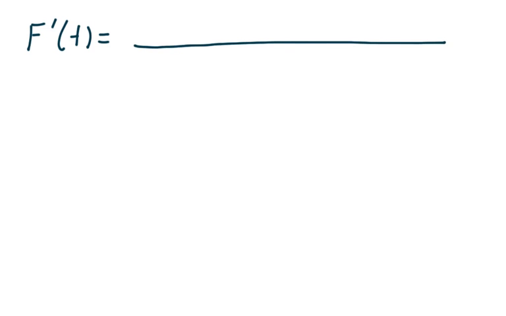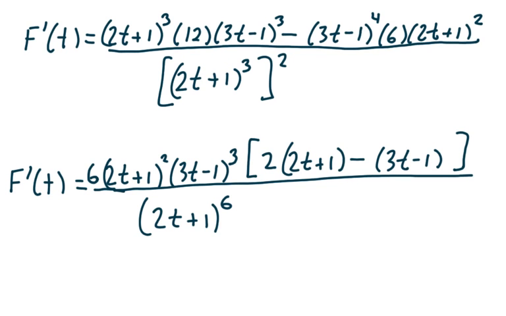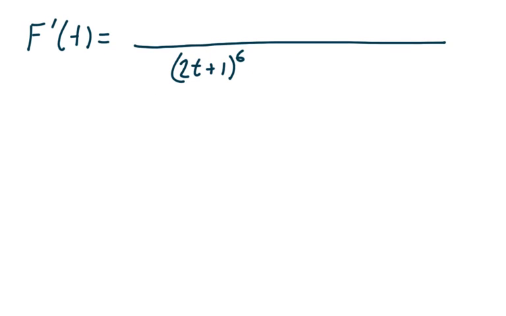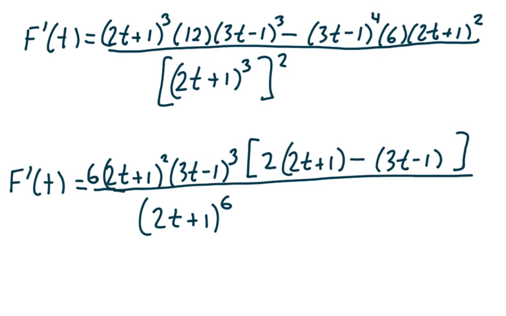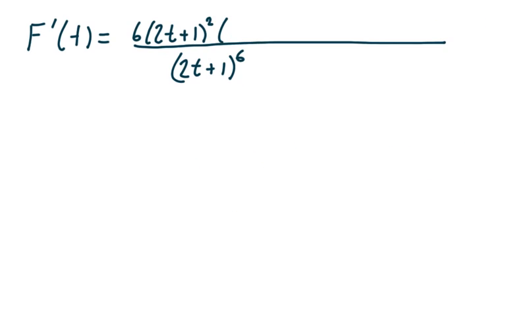And so let's take this a step further. F prime of t equals. Now, in the denominator, I have 2t plus 1 raised to the 6th. In the numerator, I get 6 times 2t plus 1 squared times 3t minus 1 cubed.